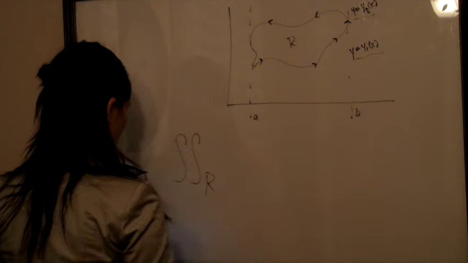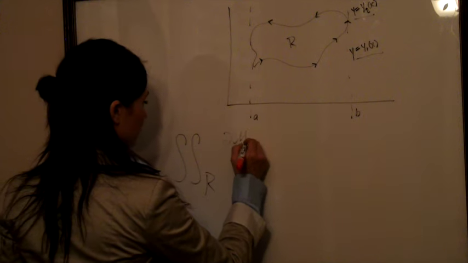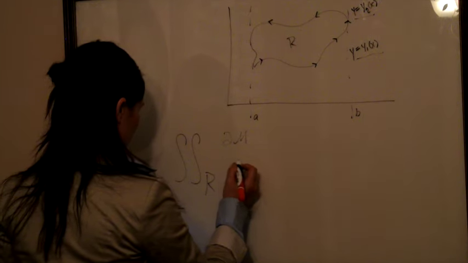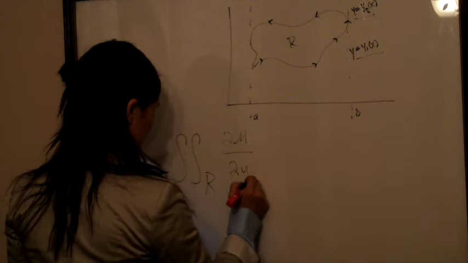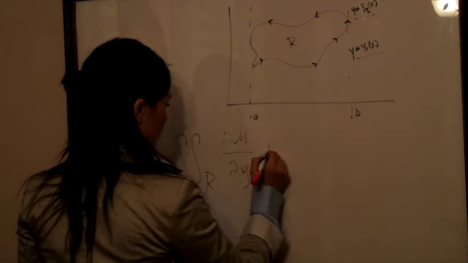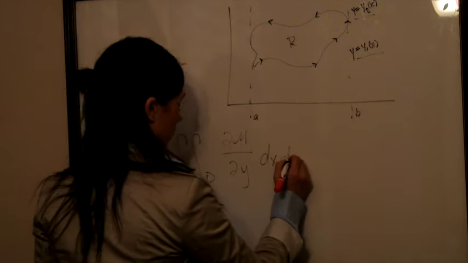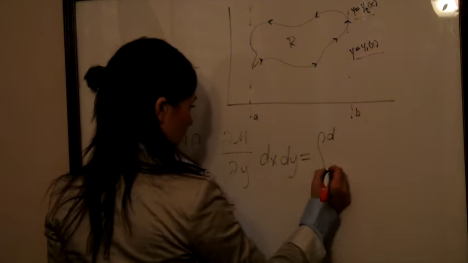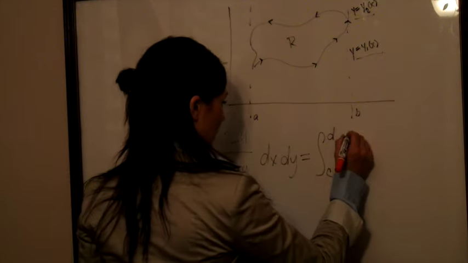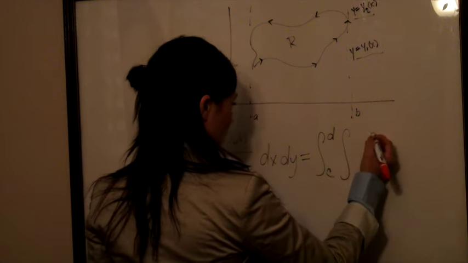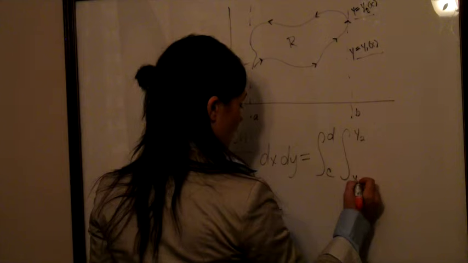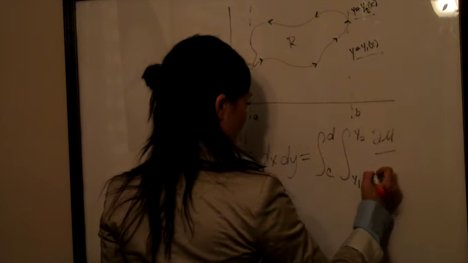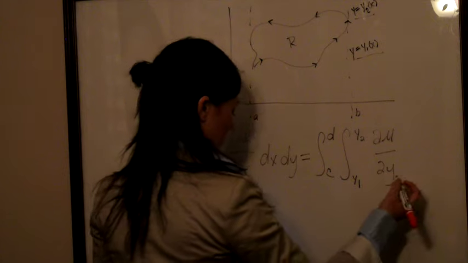So we have the double integral over the region of partial M over partial y dx dy, which equals the integral with the upper boundary d and the lower c, and the second integral with the upper y2 and the lower y1, of partial M over partial y dy dx.